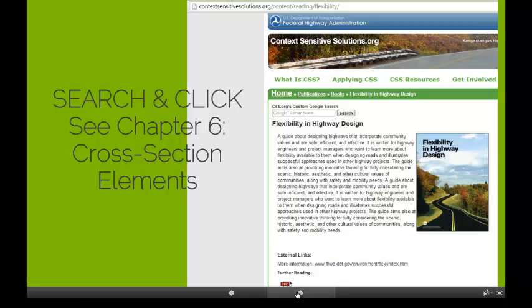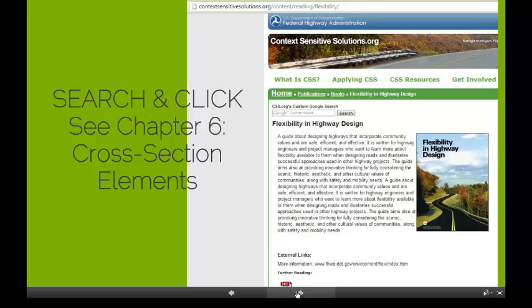This website includes a link to FHWA's publication, Flexibility in Highway Design, which is motivated by context-sensitive solutions. Follow this URL or search FHWA Flexibility in Highway Design to locate the PDF.